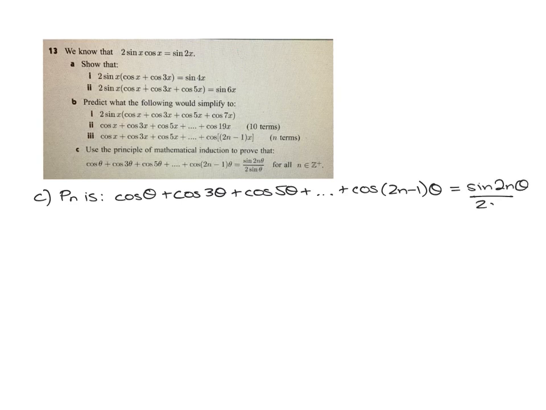So cos theta plus cos 3 theta plus cos 5 theta plus dot dot dot plus cos (2n minus 1) theta is equal to sine 2n theta on 2 sine theta for all n within the positive integers. Okay. Next step.